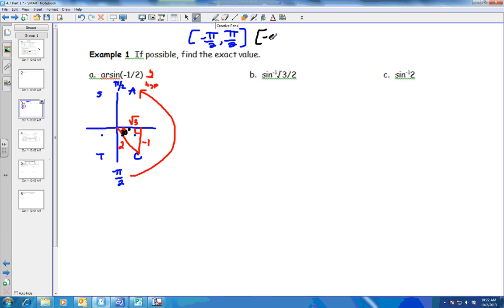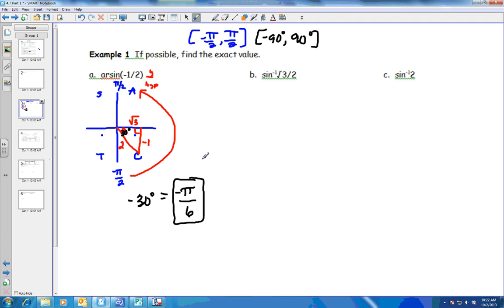Or remember, negative 90 degrees to 90 degrees. Okay, well, if this is 30 degrees, can't I also name that as negative 30 degrees? And today we're going to put all of our answers in radian form. So 30 is negative pi over 6. So my answer for A is negative pi over 6.